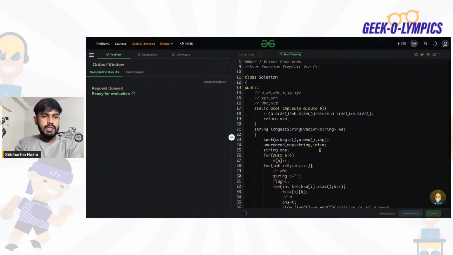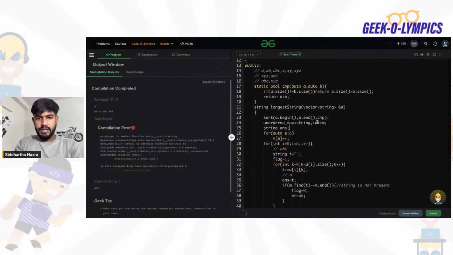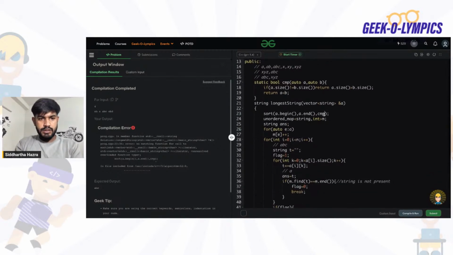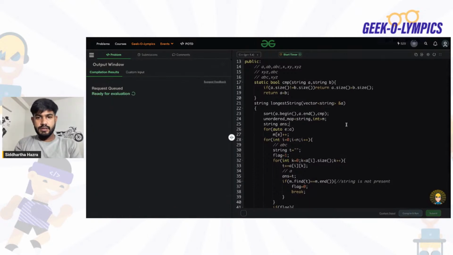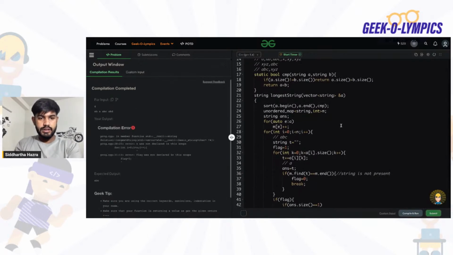So this static was not needed, because this is a class. CMP, I'm passing CMP, so I think I need to make this as string. Now this should work.